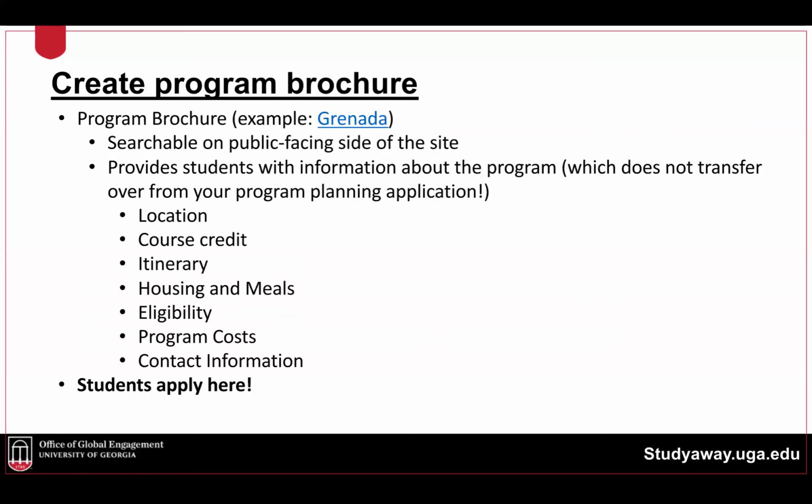Please make sure that all of your platforms, whether external websites or social media or anything like that, are all communicating consistent information. The program brochure is your official UGA program platform. Even if you have a departmental website, all programs have to go through here. All student applicants need to go through here. So just make sure that everything's consistent, everything's professional.